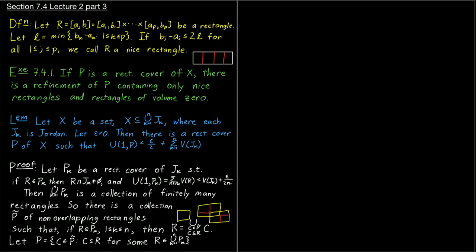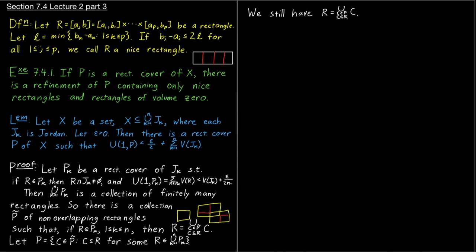And notice that throwing out superfluous rectangles, we still have that R is the union of the rectangles. We haven't thrown out any of the rectangles that are contained in R.